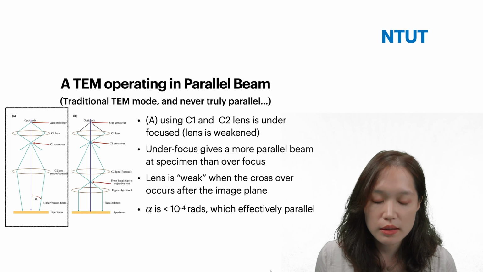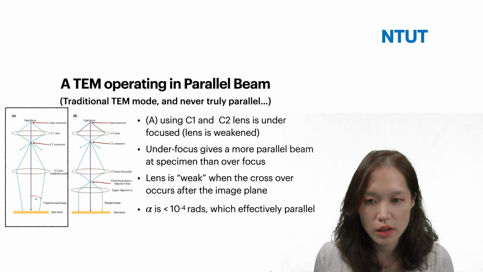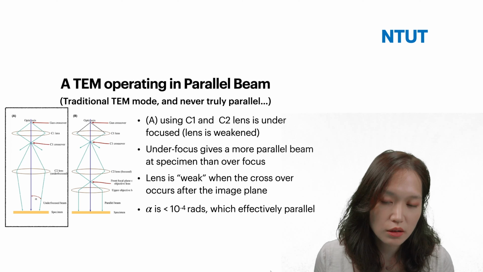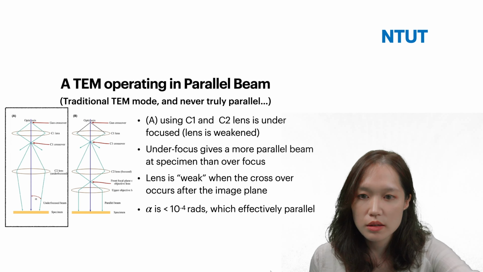In TEM and SEM, most things work in radians rather than degrees. In your own time, please try to work out the interchangeability between radians and degrees. Okay. So this is type 1.